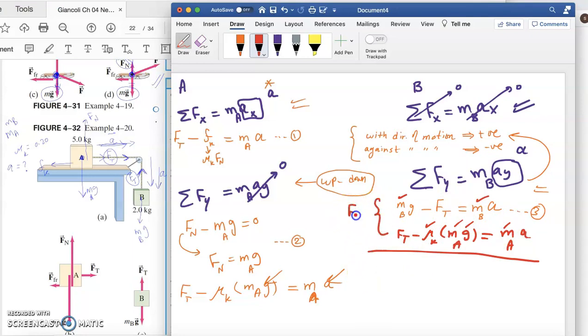The two unknowns are Ft and a, but he's not asking for Ft, though he could. The only thing we are looking for is to find a. We can do it from a mathematics point of view, elimination and substitution, and you will be able to find a and then Ft. This is math. You will be able to do it. All right? So this example is over.